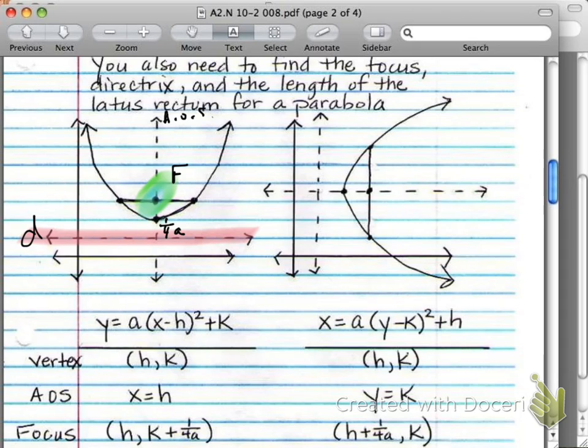In this case, our focus is going to be located at H, whatever our H is in our equation, comma, K plus 1/4a. So that's how you find this. But if I have my parabola drawn, what's the distance from the focus to the vertex?